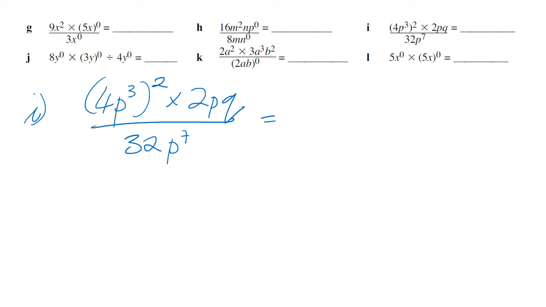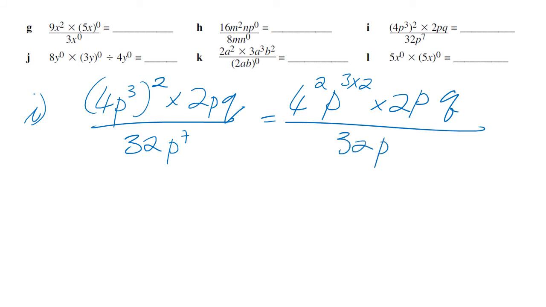You can get rid of the bracket by raising everything inside the bracket to the power of 2. So it becomes 4 to the power of 2, p to the power of 3 times 2. Then you multiply by 2, p and q. The bottom is 32p to the power of 7. Okay, so let's have a look.